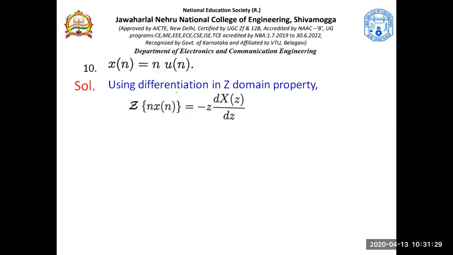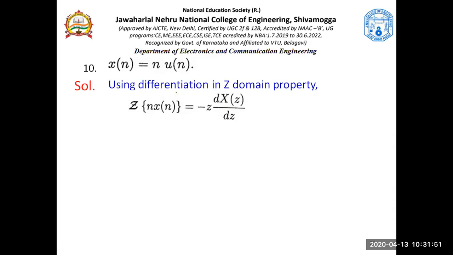That is why it is called differentiation in z domain. So when would there be a differentiation in z domain? When the signal is multiplied by n. Any signal multiplied by n would have this differentiation in z domain along with minus z, mind you.